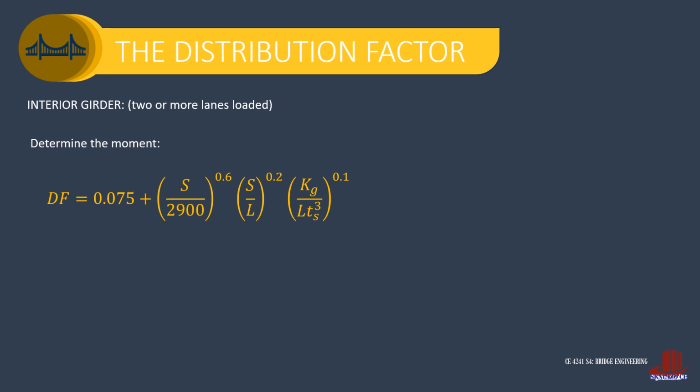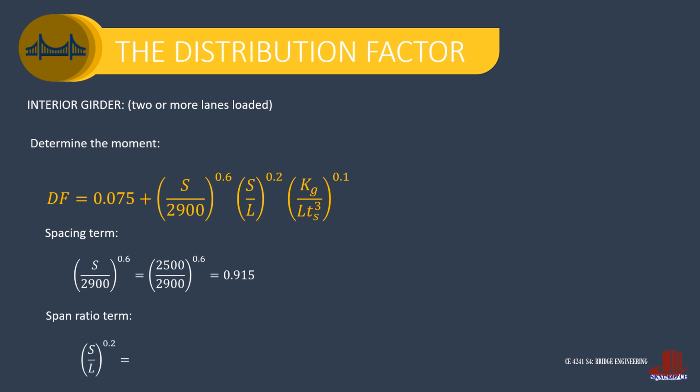The distribution factor for moment is then computed from the equation, where for the spacing term, we take 2,500 upon 2,900 raised to 0.6, giving 0.915. From the space ratio term, use 2,500 over 20,500, then raise this by 0.2 to have 0.657.